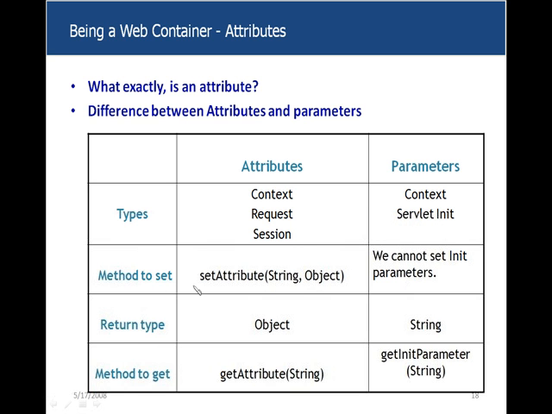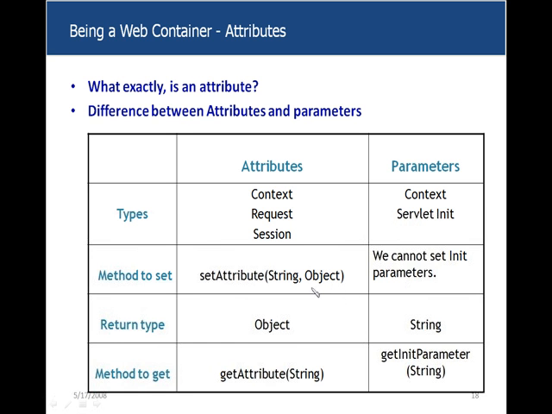So what are the methods by which you can set a value to an attribute? You've got the setAttribute method, which is similar to a hash map where you put a value using a key value pair. The key is the first parameter, the string, and the second parameter is the value which you set to that attribute.